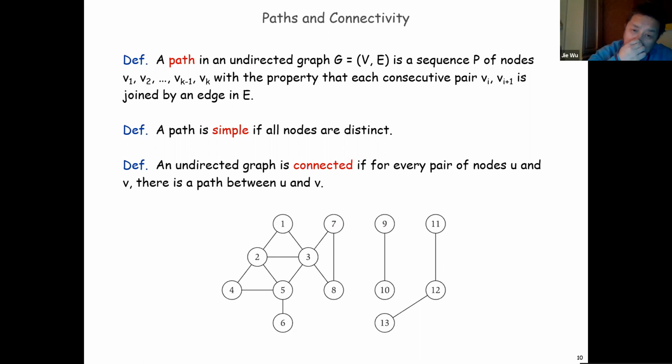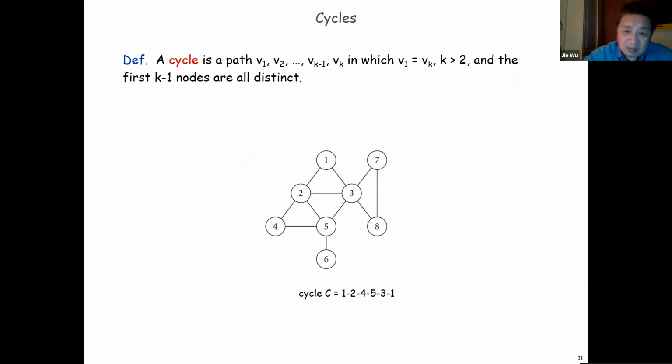For example, if you model this graph as a city, with streets, the nodes are the intersections of the streets. So when you try to find the shortest path from one node to another node, that's one of the typical problems we study. Then we have the concept of a cycle, which means that it goes back. You see that in the previous problem I assigned you, we were talking about a cycle, like from boy to girl, girl to boy, and so on.